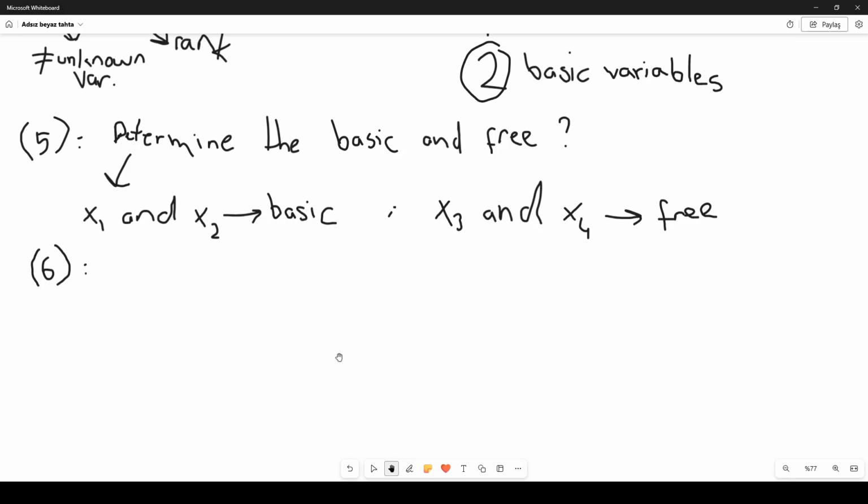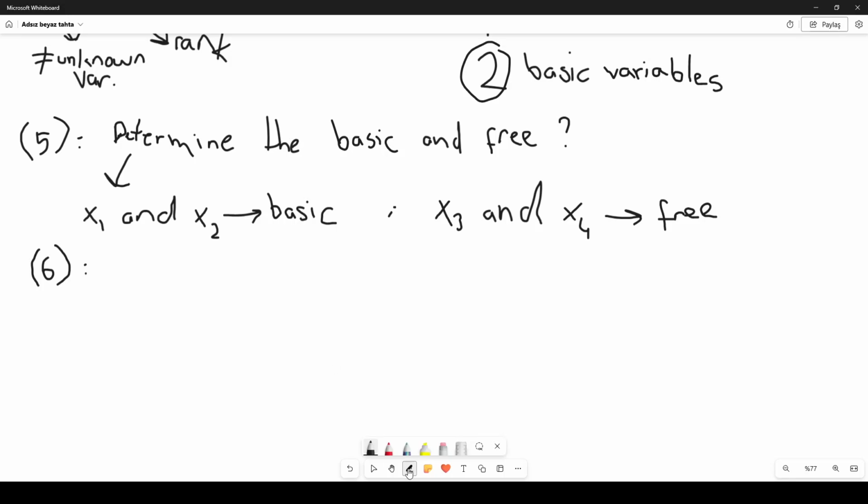With respect to the previous lecture, we can write the non-basic columns in terms of basic columns. In other words, we can write the basic variables in terms of free variables. And we can do the same thing to produce the form of a general solution as well.